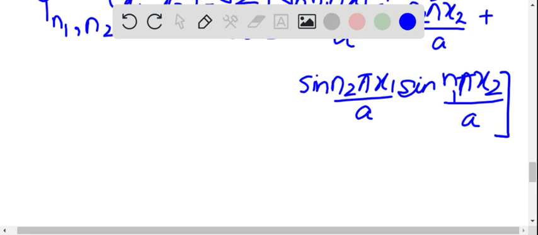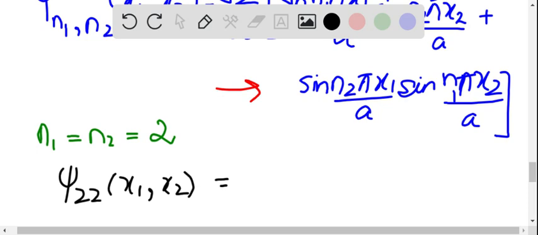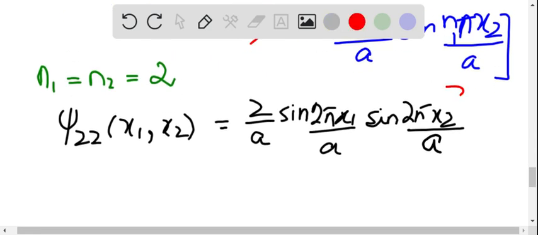Just as we did for the previous case, in which the excited state was n1 is equal to n2 is equal to 2, we'll just plug them into this equation so that we get wave function 2 2 of x1, x2 is equal to 2 divided by a sine 2 pi x1 divided by a into sine 2 pi x2 divided by a, and you would get that the energy over here is equal to 8k, right?